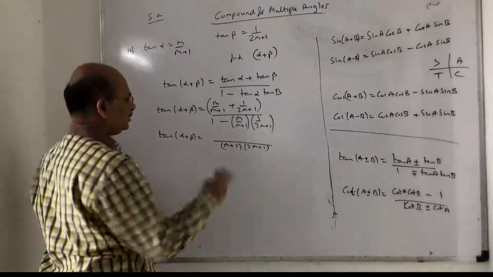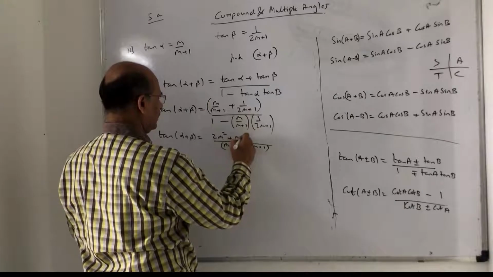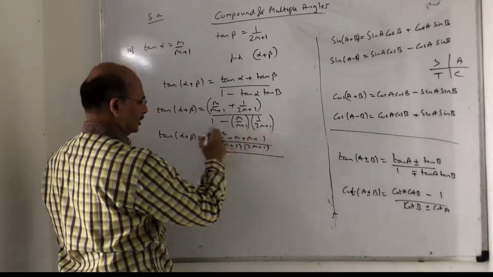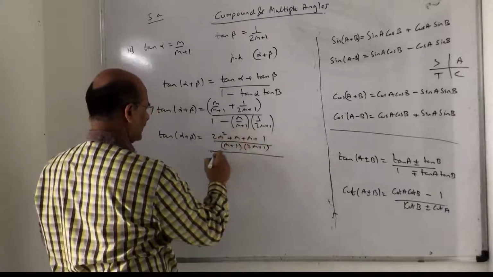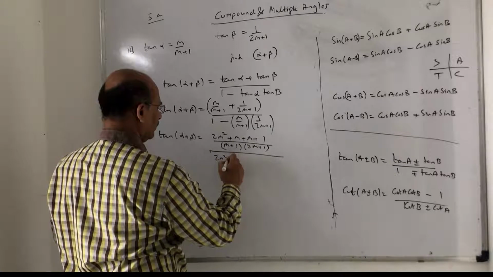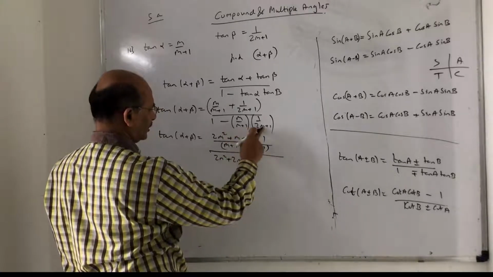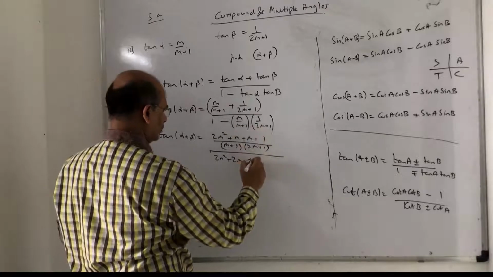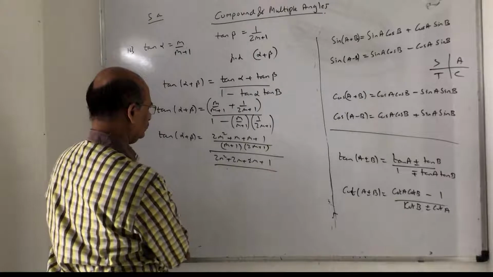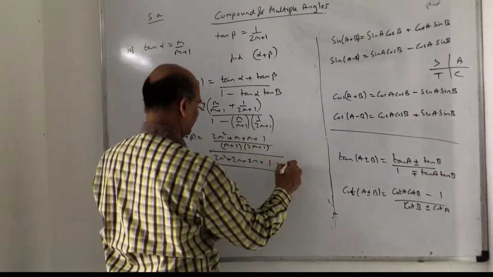Cross multiply is better. So 2m square plus m plus m plus 1, upon 2m plus 1 into m plus 1, which will become 2m square plus 2m plus m plus 1, minus m.